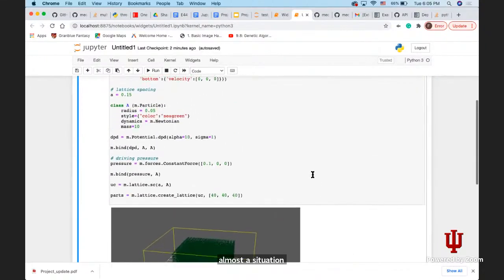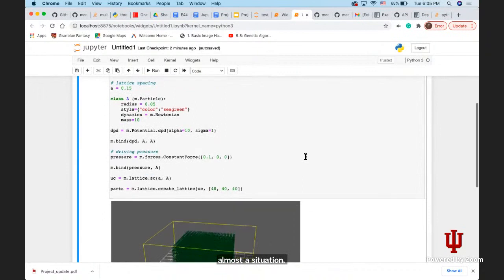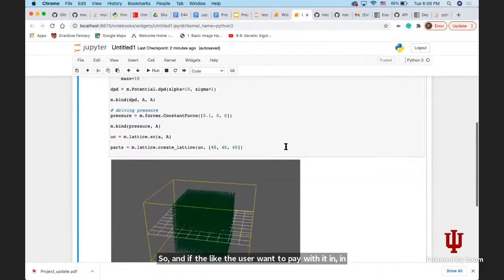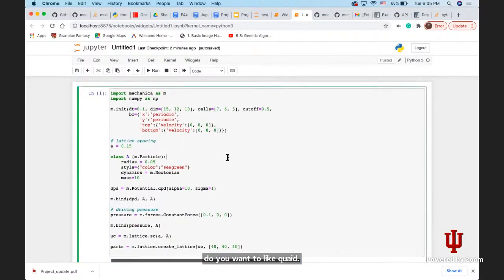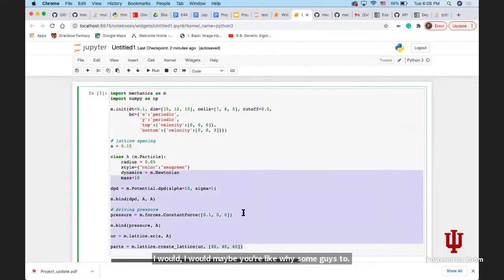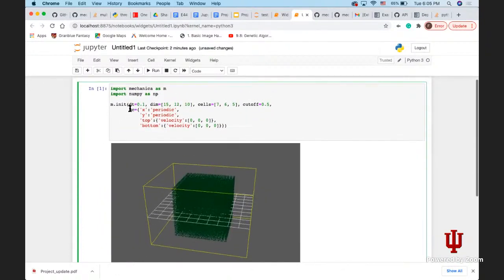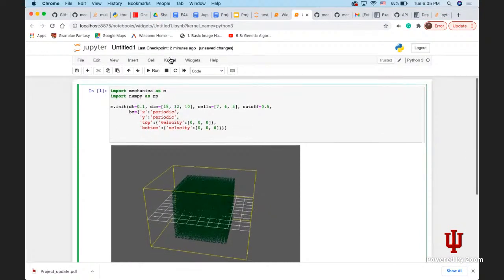And if the user wants to play with it in the Jupyter notebook and create some cells inside the empty simulation box step by step, I would maybe write some guides to let them know what they have to do is just separate their code into two cells. The first is to initialize an empty box.